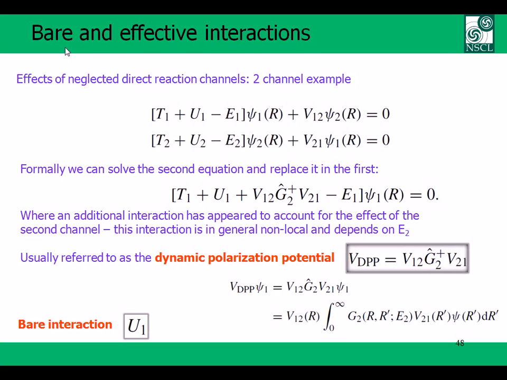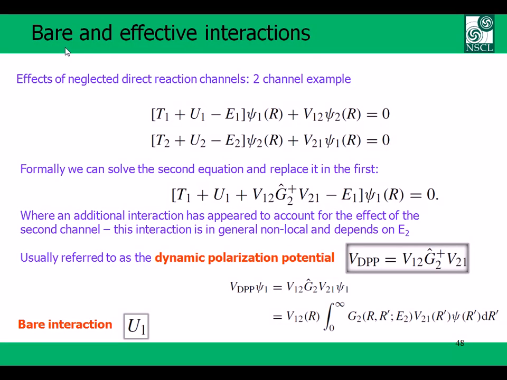When you do an optical model fit, you fit the full thing. You don't actually see the details of what's bare and what's not bare. But as you start including more ingredients in your model, you will have to distinguish between what is bare and what are additional effects, additional dynamic polarization effects, etc. Okay?